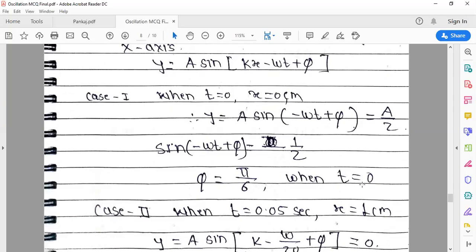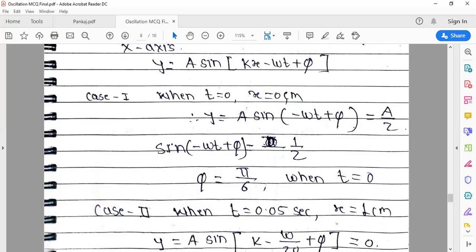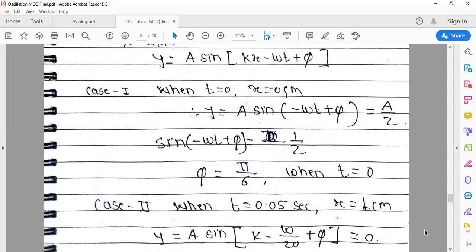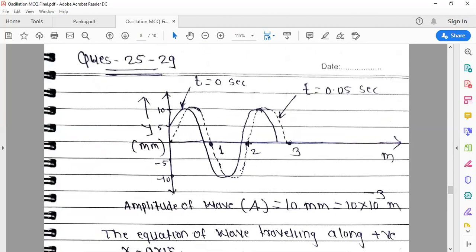Second case, when time is equal to 0.05 seconds, and in this case the x value is 1 centimeter. So x is equal to 1, put this value here, then k is equal to 2 pi upon lambda. What is lambda? Lambda is the wavelength. According to this, we get the wavelength for the second equation, it is equal to 2 meter.